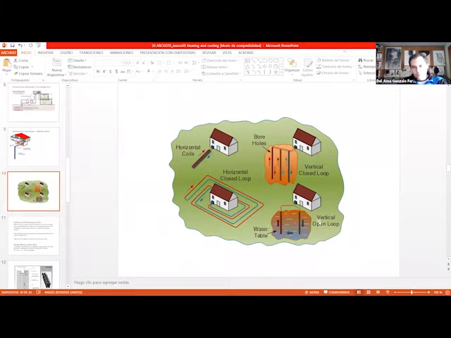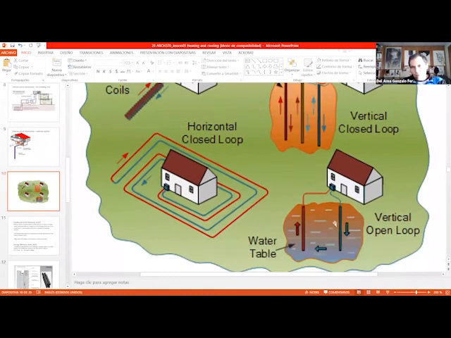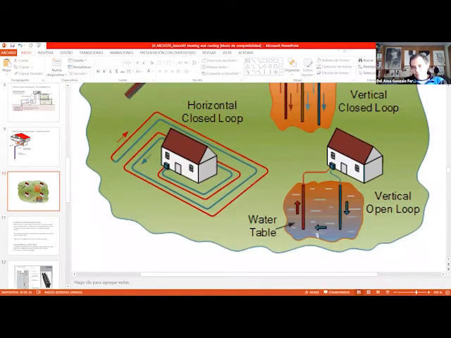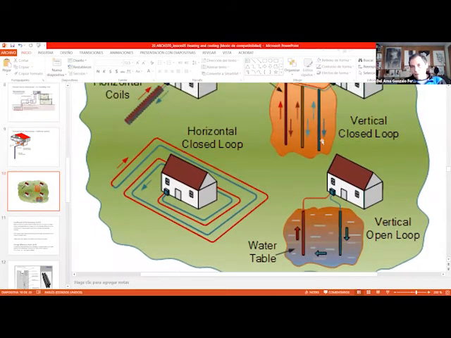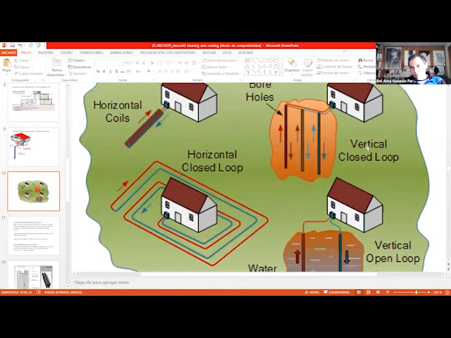So I'm going to zoom in here. This is not a closed loop. Here we have a source of water. It can be a lake, or underground water, or a river, or the sea, something like that. So we have a lot of water here. We don't need a closed loop here. Through this vertical closed loop, we go down and then we go up again. So it's closed.